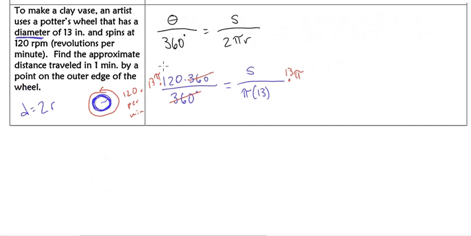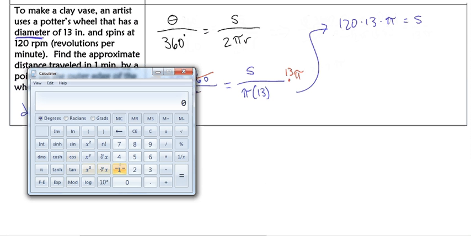And we get 120 times 13 times pi is equal to the distance traveled. And so we'll pull out our calculator here. Our exact length then, so 120 times 13 gives us 1,560.